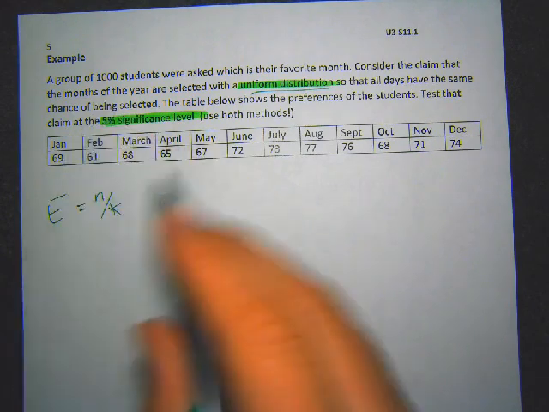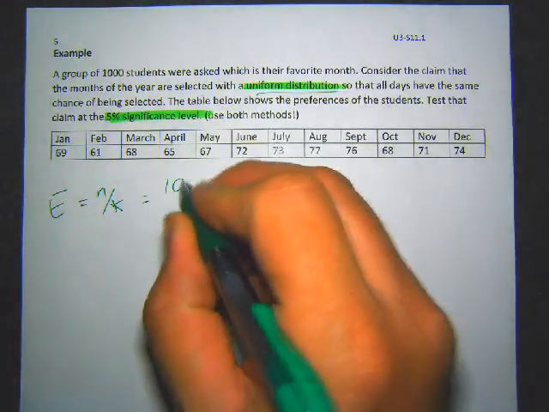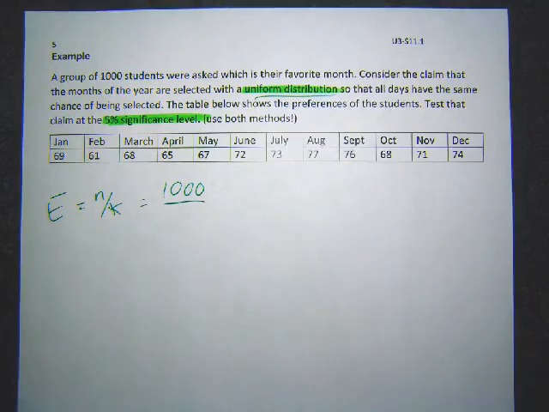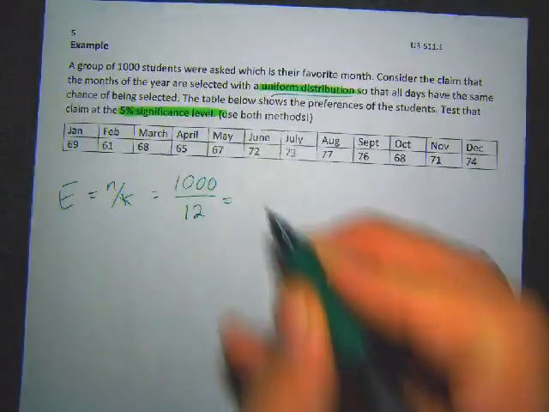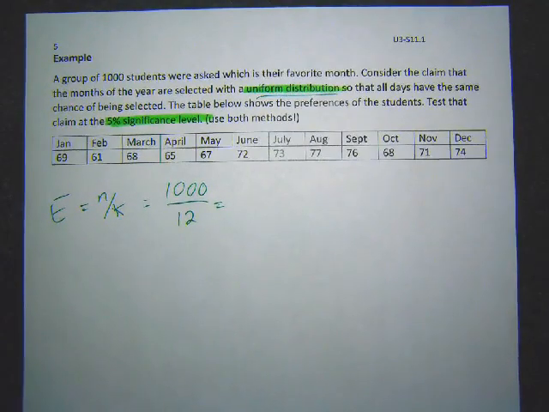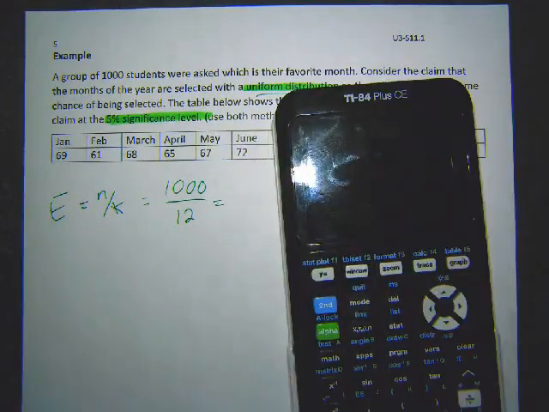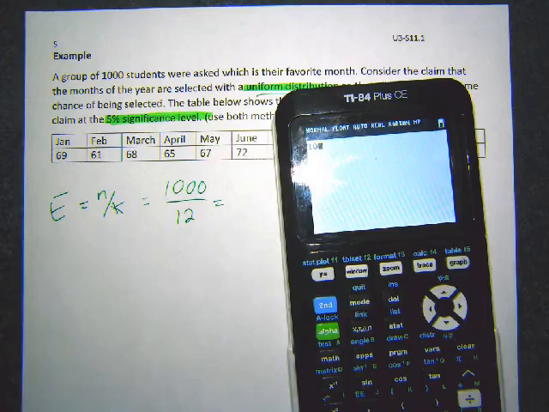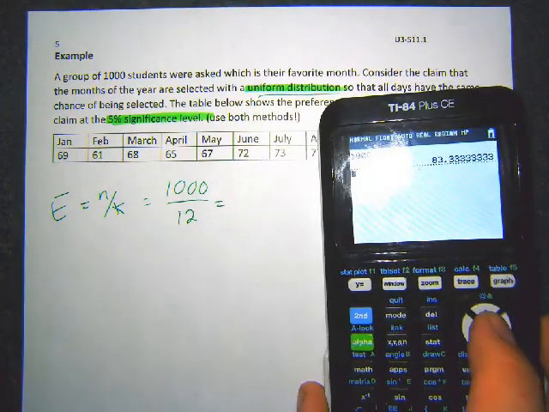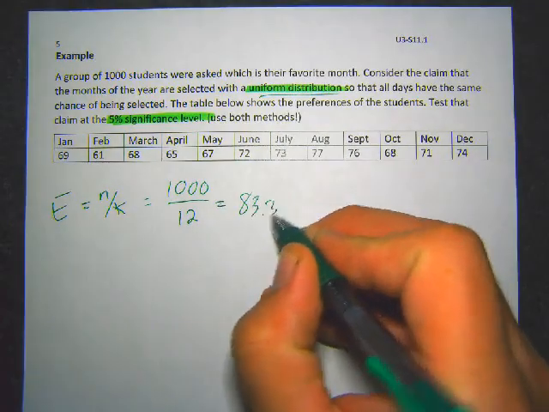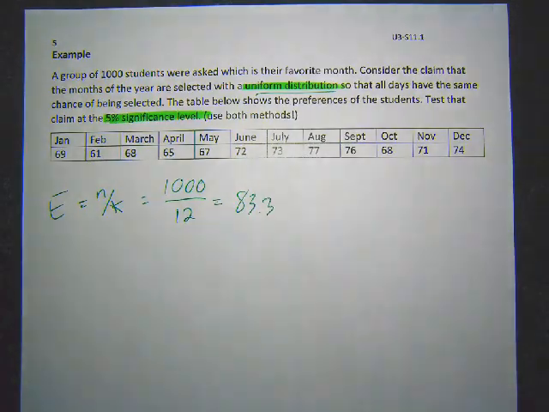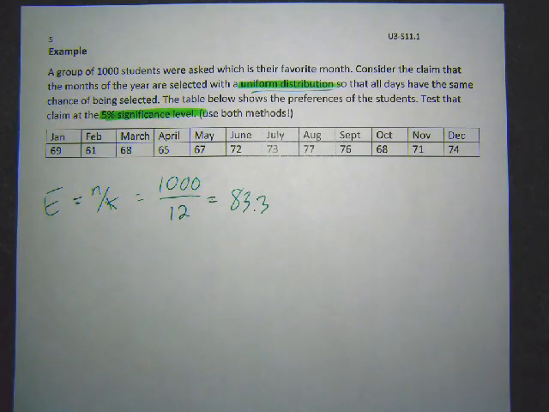So we could take the 1,000 students that we have and say if they each pick the months equally often, we can just divide by the 12 different months, and that will give us our expected results. So 1,000 divided by 12, I get 83.3 repeating. So 83.3, that's going to be our value for our second list. So that's our expected values.